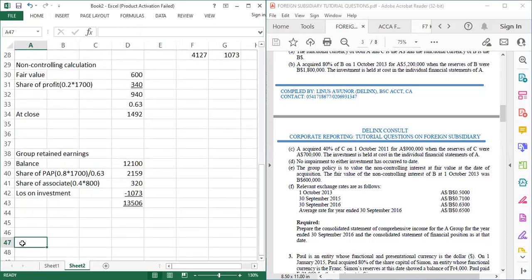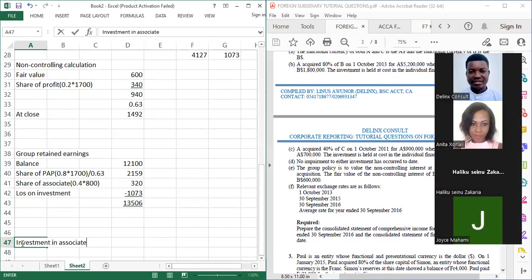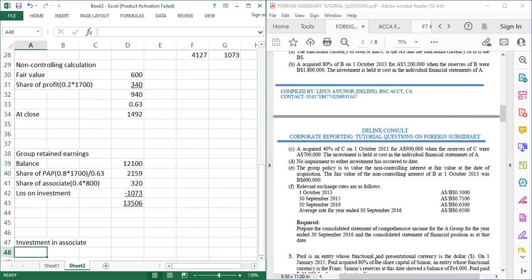Investment in associates is just seen as you putting money in the bank. So if you are putting money in the bank, what is the amount that you put in the bank on October 2011?